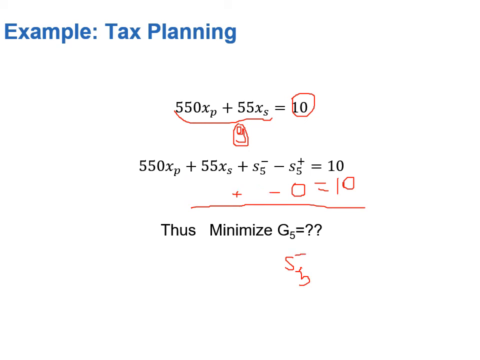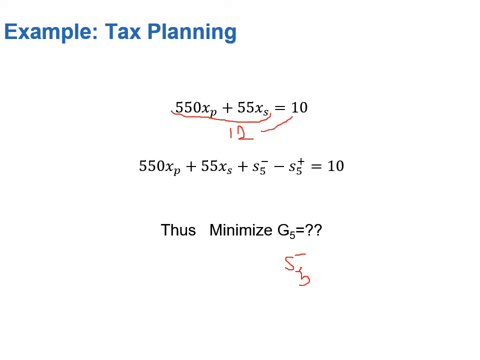But let's see what happens when the positive deviation is also greater than 0. So now assume that this value here, let's say, is 12. Okay, again we cannot reach our target to be exactly equal to 10. So if this is 12 in the optimal solution, in order to satisfy this as an equality, this part should be -2 and this one should be 0. Okay, so it means that this positive deviation is equal to 2.